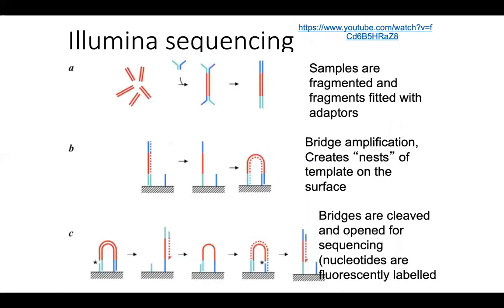However, the most common type of next generation sequencing as currently used is done by a company called Illumina. And I will post this link as part of the module for Monday's class and you can watch this video and get a better idea of how this bridge amplification works. It's pretty fascinating.